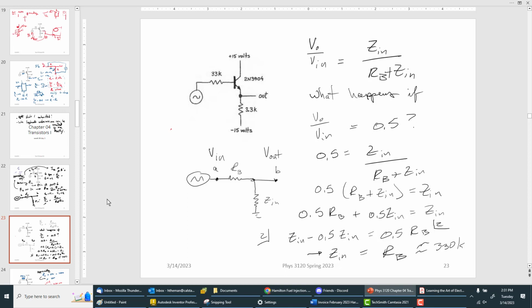And it doesn't matter what the volts are. The VCC and the VEE don't matter about Z in or Z out.